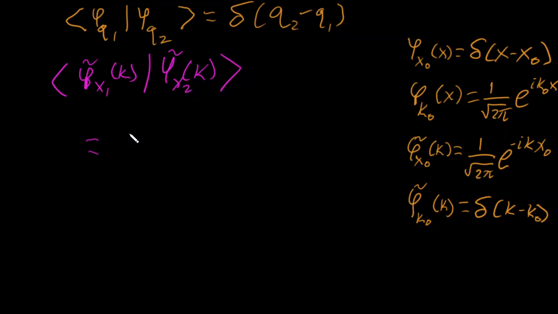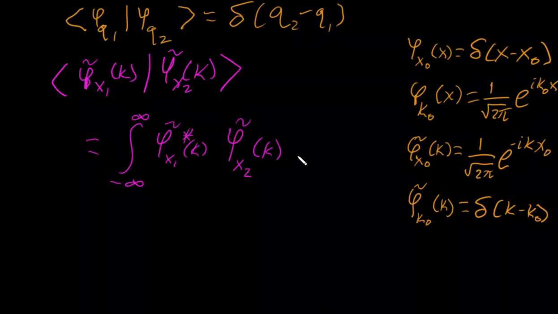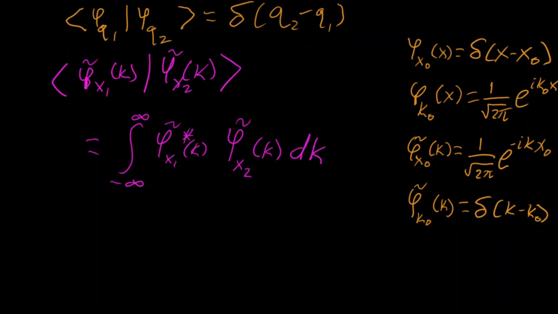We can do this inner product, this integral, in the k basis, where we have the integral from negative infinity to infinity of phi tilde sub x1 star of k times phi tilde sub x2 of k dk. We can do this integral, summing over all possible values of k.